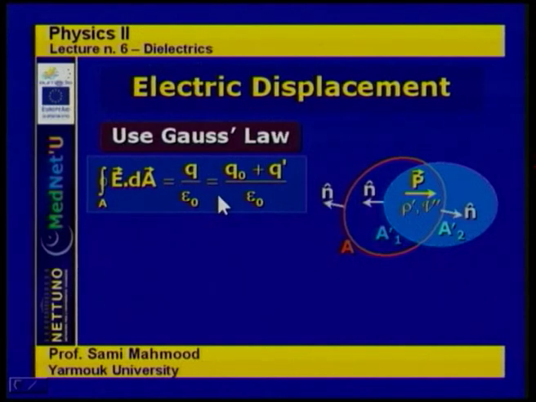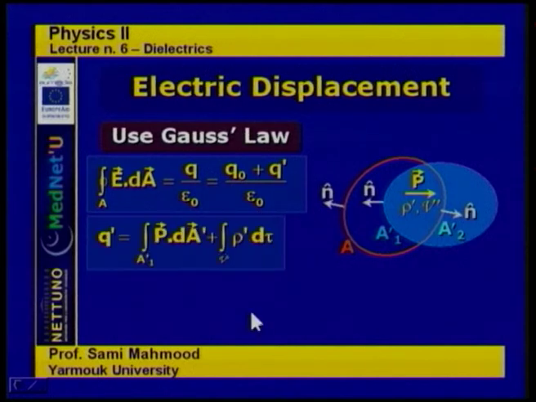And if we divide these charges into two types, the free charges Q naught plus the bound charges, which are due to the polarization, divided by epsilon naught, and having in mind that the polarization charge Q prime is equal to the integral of the polarization P dot dA prime evaluated over A prime, that is the only surface that is enclosed with surface charge density on the dielectric, plus the volume charge density rho prime d tau, integrated over the volume enclosed within the Gaussian surface V prime.